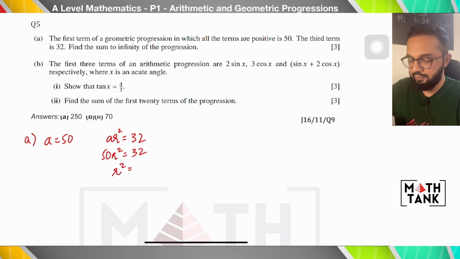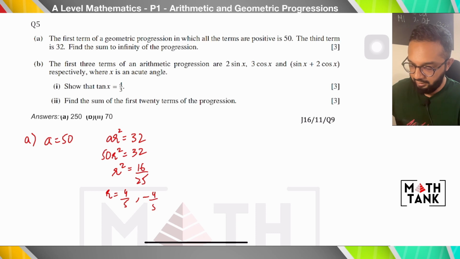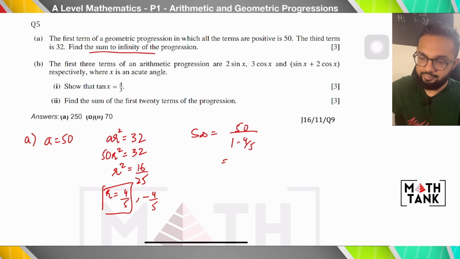R squared should therefore equal 32 divided by 50. I take a root, so R should be either 4 over 5 or minus 4 over 5. It says positive, therefore this. It says find the sum to infinity. So sum to infinity will be A over 1 minus R. It's 250.